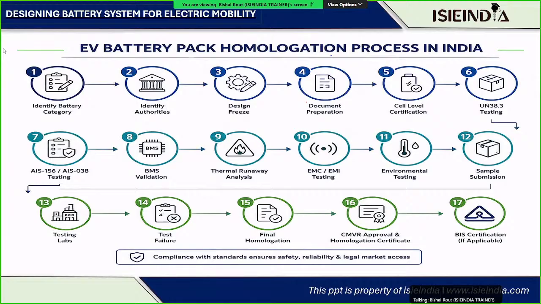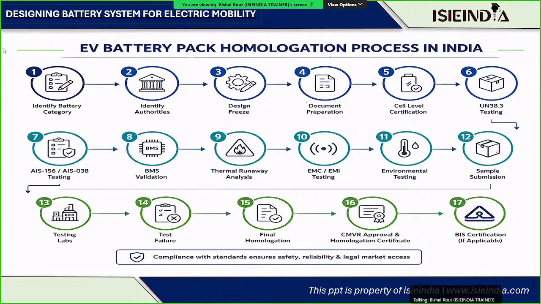Then we have to perform UN 38.3 testing, right? That is mandatory for transportation safety. Without UN 38.3, a battery cannot legally be shipped by air, by sea, or by road internationally. For example, if I don't have a UN 38.3 testing certificate, I cannot ship the battery by road, by air, or by ship, right?